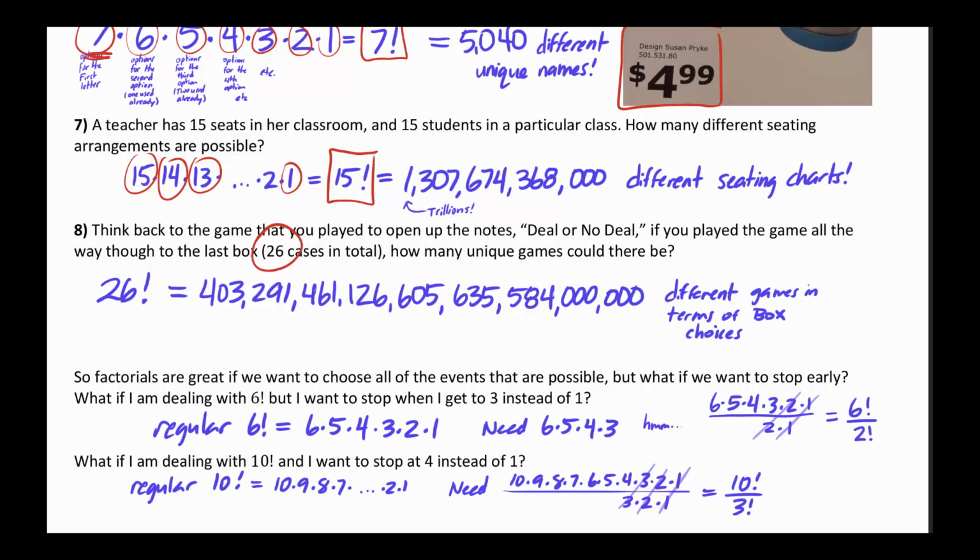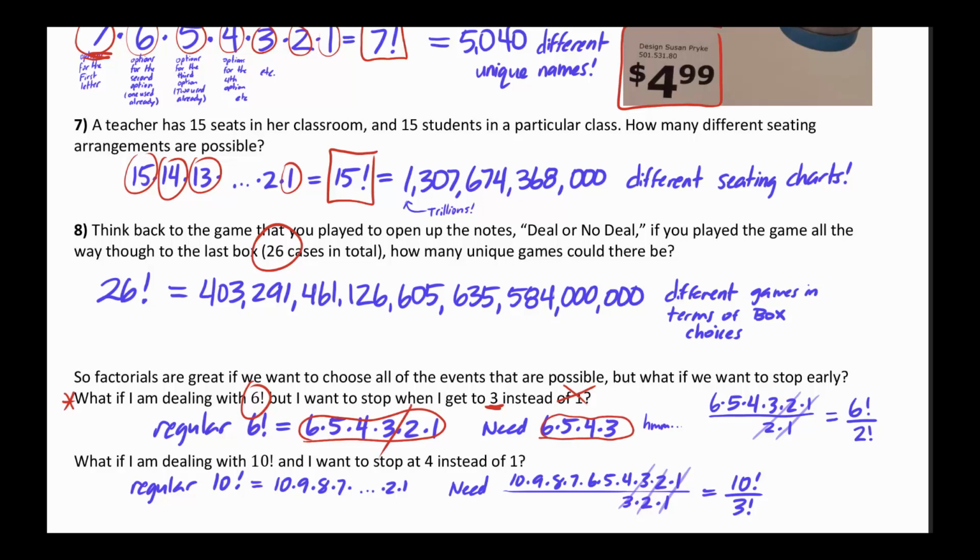Well, in order to figure out this idea and how to make it work mathematically, let's start with 2 small examples. What if I'm dealing with 6 factorial, but I want to stop when I get to 3 instead of 1? Well, normally 6 factorial is 6 times 5 times 4 times 3 times 2 times 1. It's right here. But I need to almost snip off that last piece. So notice how I put that diagonal slash through there.